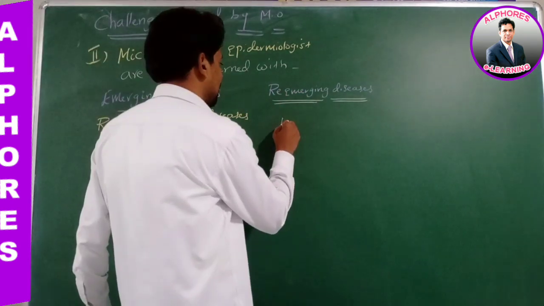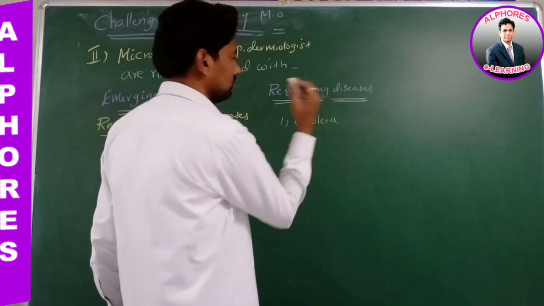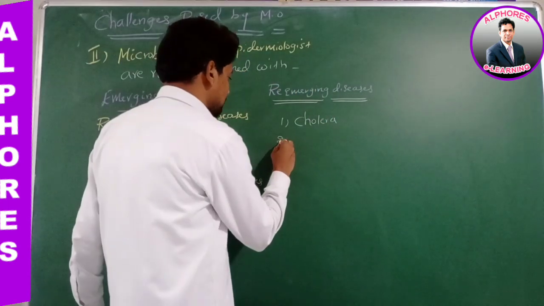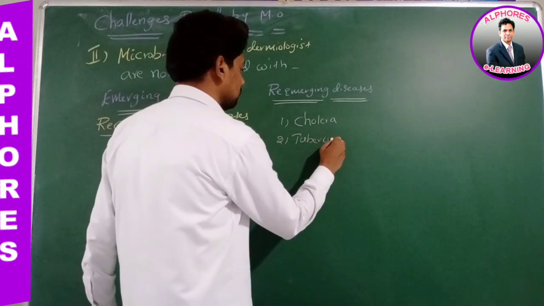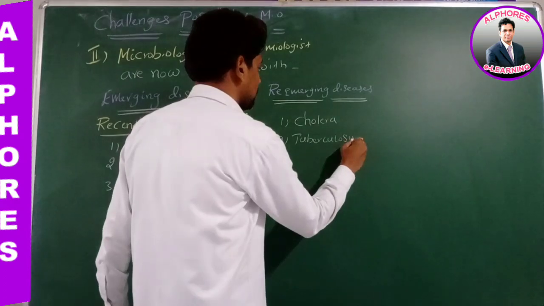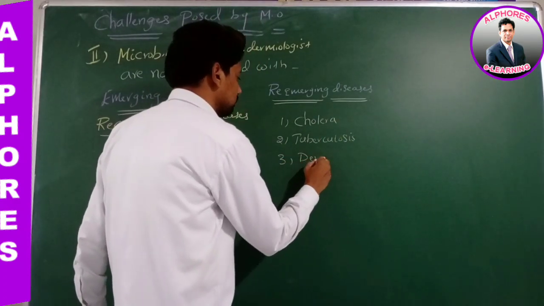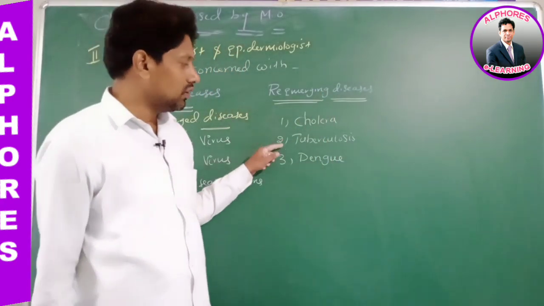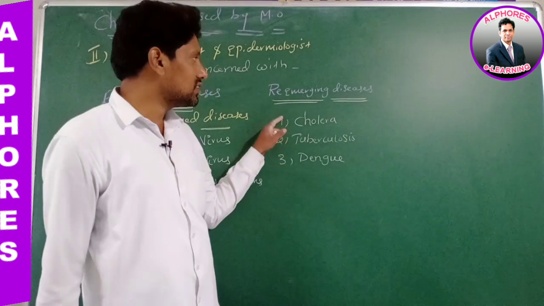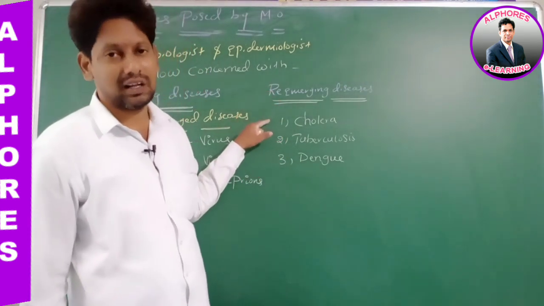Number 1, cholera. Number 2, tuberculosis. Number 3, dengue. Therefore, cholera, tuberculosis and dengue, these 3 are re-emerging diseases, right? What is the first one? Cholera.